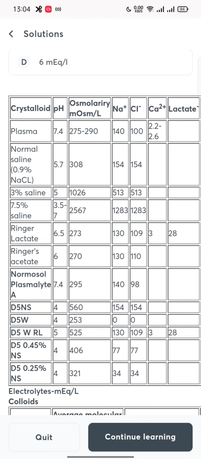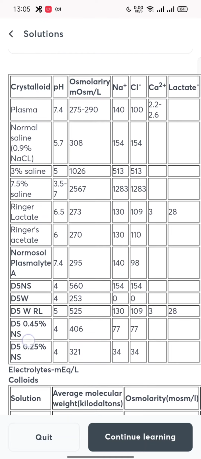In Normosol or Plasma-Lyte A, the pH is 7.4, osmolarity is 295, sodium is 140 and chloride is 98. D5NS has pH 4, osmolarity 560, sodium 154 and chloride also 154.